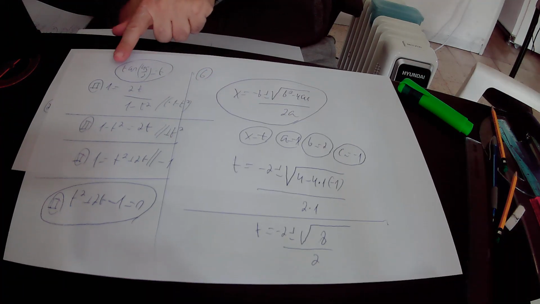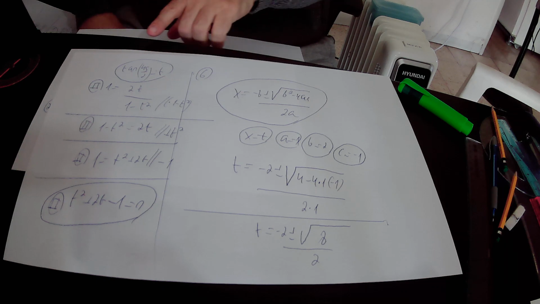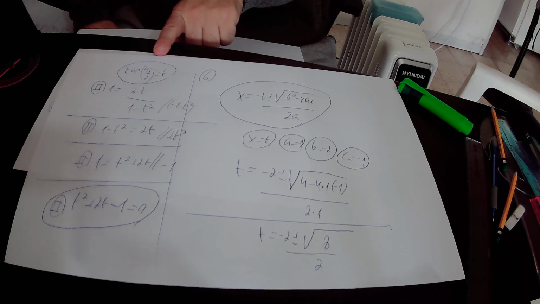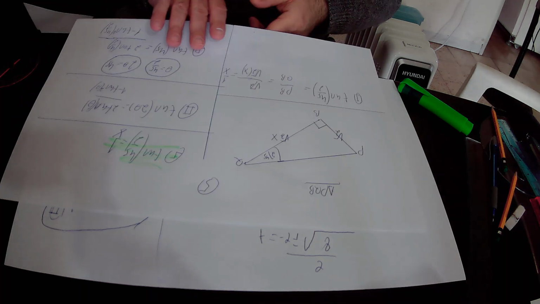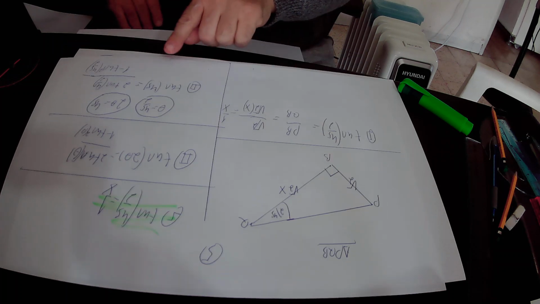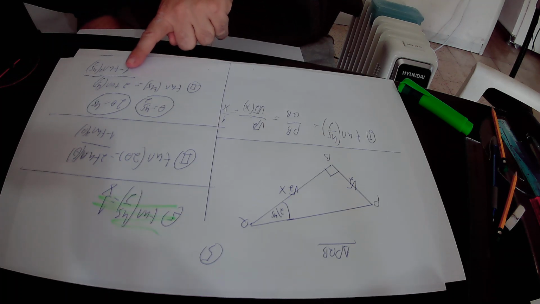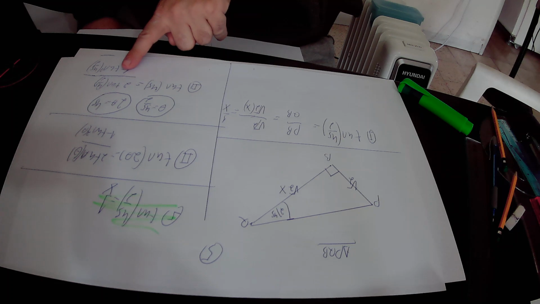We define tangent 45 degrees over 2 as t, and we substitute tangent 45 degrees over 2 by t.